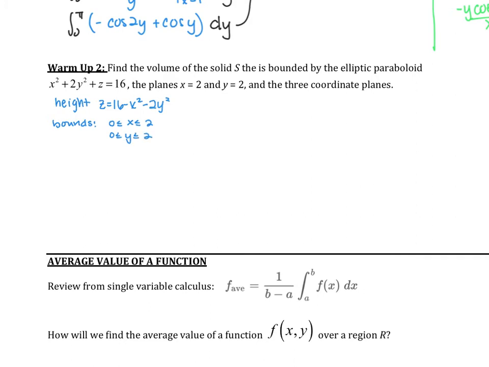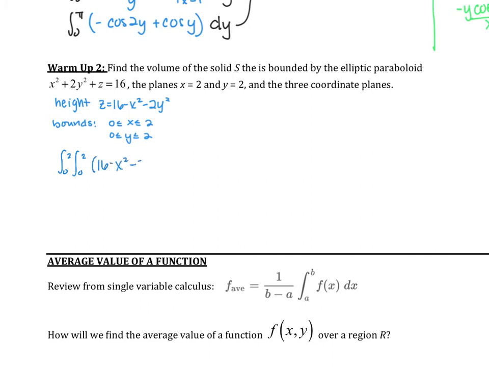Now when we set up our integral, this one can go either dy dx or dx dy. I happen to do dx dy, you can choose whichever one you would like. If I set this up 0 to 2, 0 to 2, my bounds don't actually look any different either way I set it up.